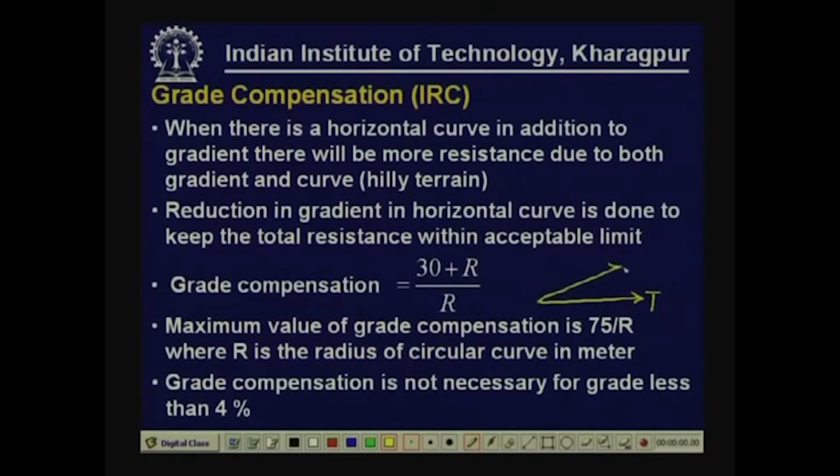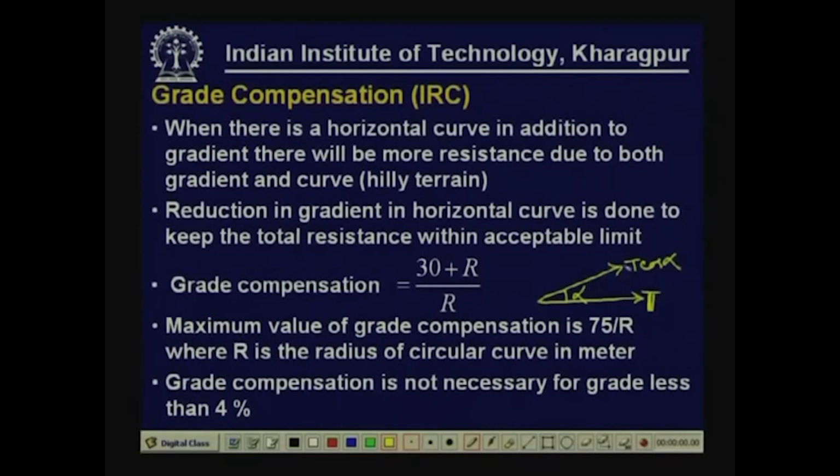Then only the T cos alpha component, if this angle is alpha, is available in the direction of movement, because the rear axle tractive force is T, and the front wheels are rotated in this direction, making an angle alpha. So, in the direction of movement T cos alpha is available, not the complete T.